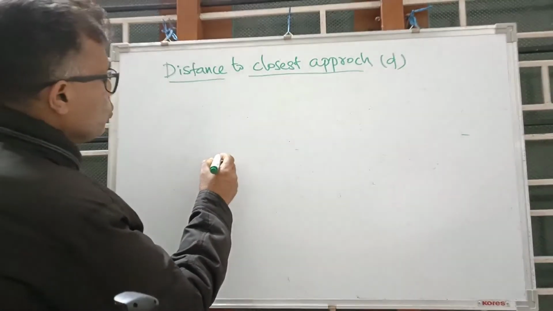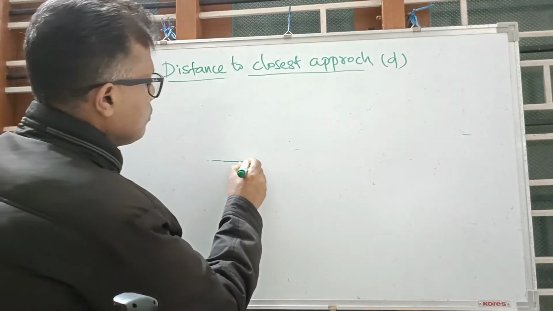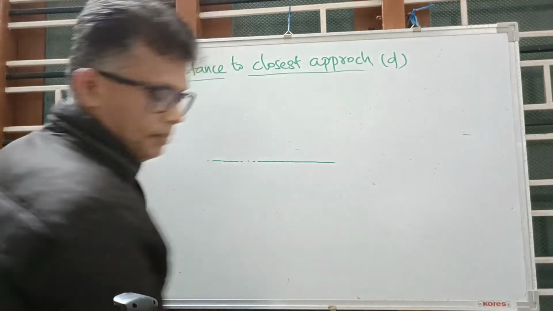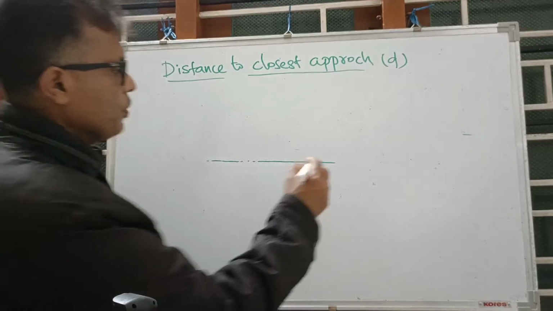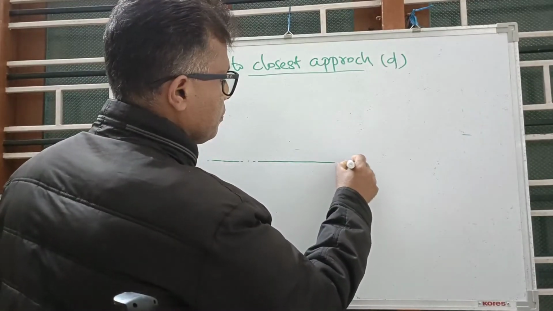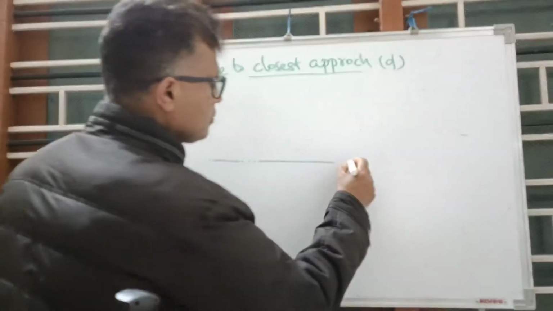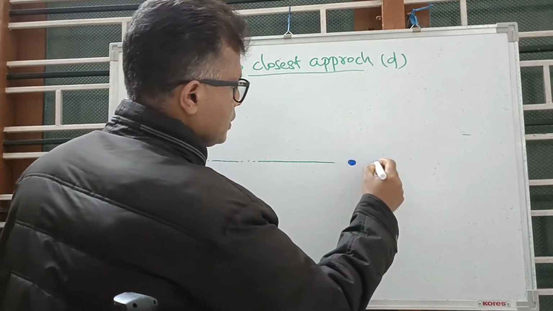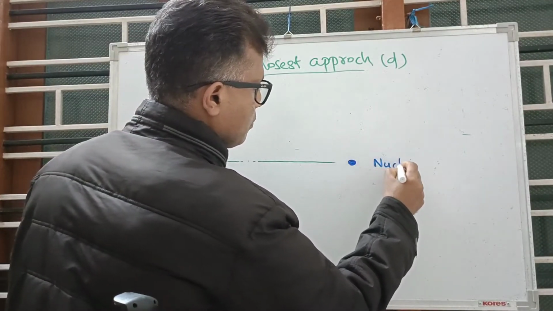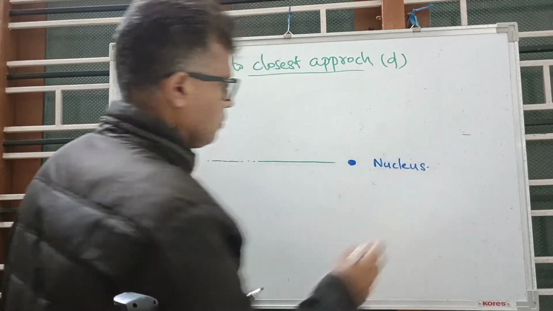So we just draw the diagram again. The alpha particle is coming here. Again the nucleus is going to come here. This is the nucleus. Clear?